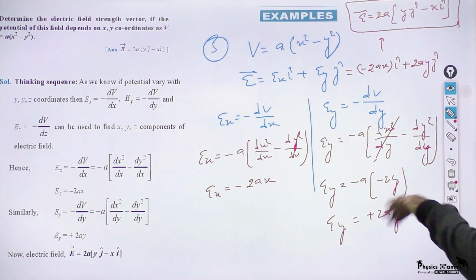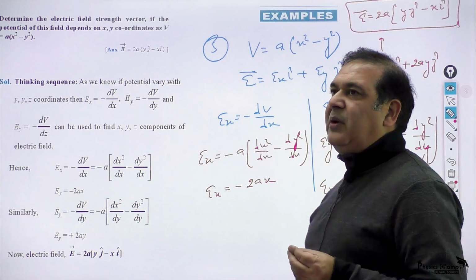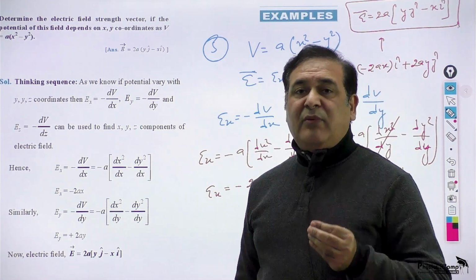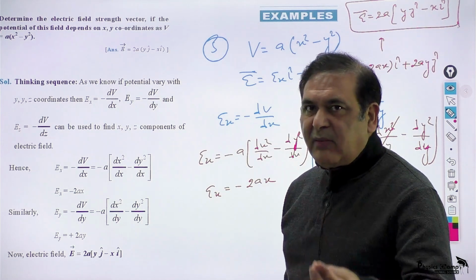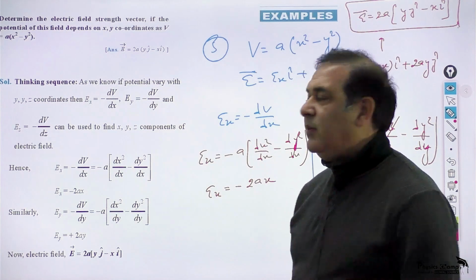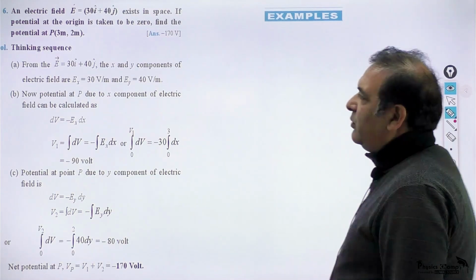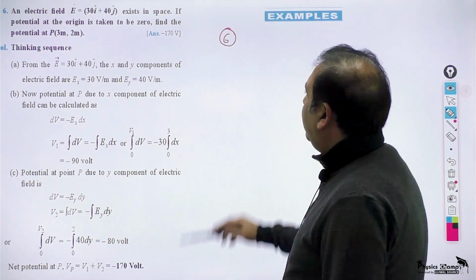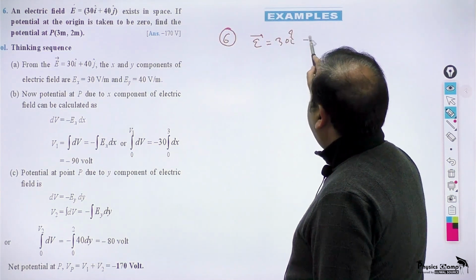Question number 6 is just reverse of it. Like in question number 5, from the equation of potential we got the equation of electric field. Now we have another, just reverse, question where from the equation of electric field we'll get the potential equation. And obviously if it was differentiation, reverse of it will be integration. In question number 6, we are told that electric field in a region is 30i plus 40j.